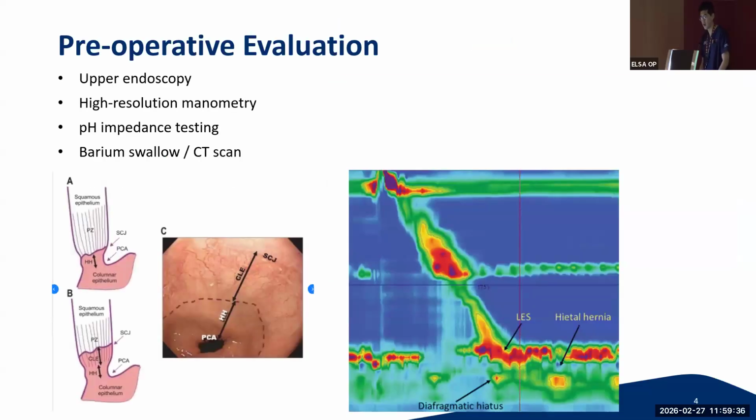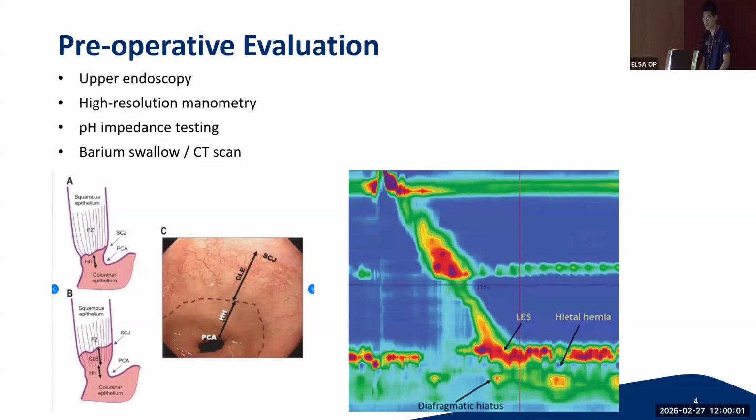So for preoperative evaluation, I think we need to know about certain modalities that we do. The bread and butter is really the upper endoscopy, and it should really be adequate in trying to understand what is a hiatus hernia, because there are several terminologies and several compounding anatomical interpretations.